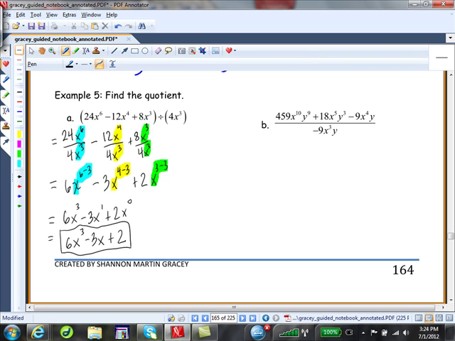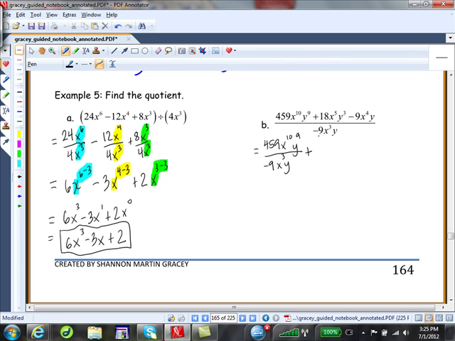Okay, so this next one, it looks a little bit different, but it's more of the same. All right, you have a monomial divisor that's in your denominator, the negative 9x cubed y. And then you have another trinomial that's in the numerator. So here we go. This will be 459x to the 10th, y to the 9th, divided by negative 9x cubed y.